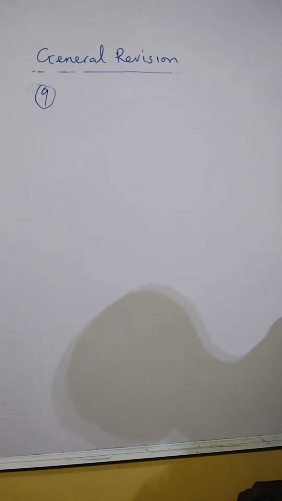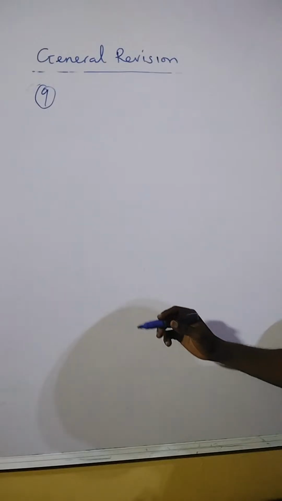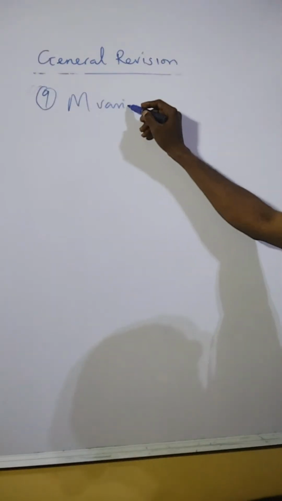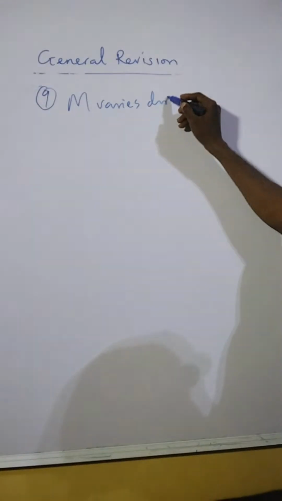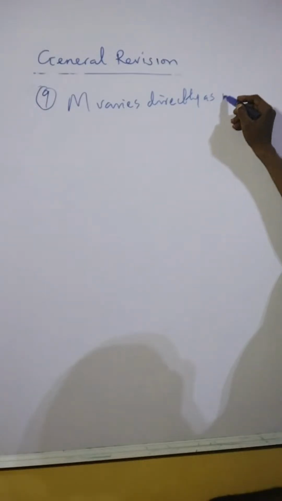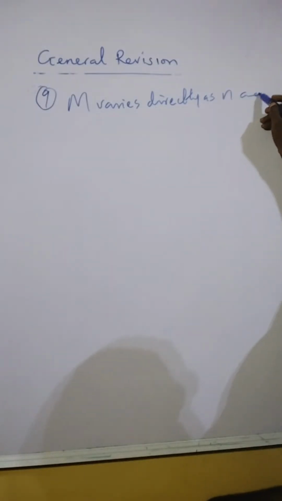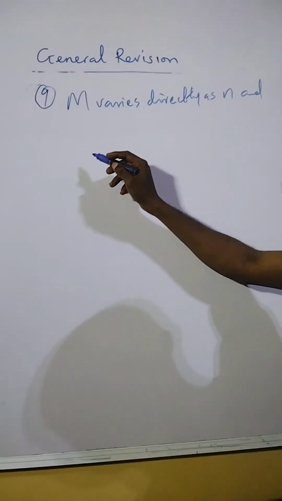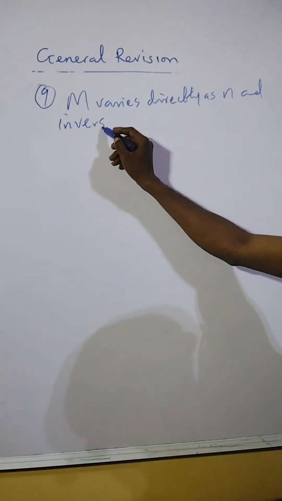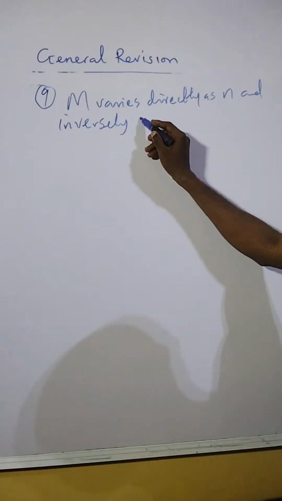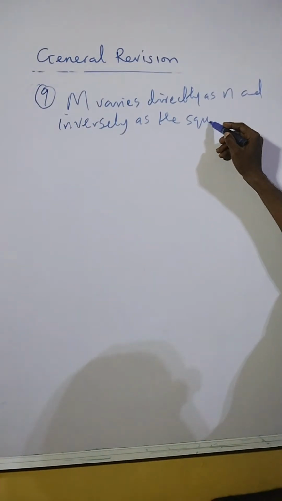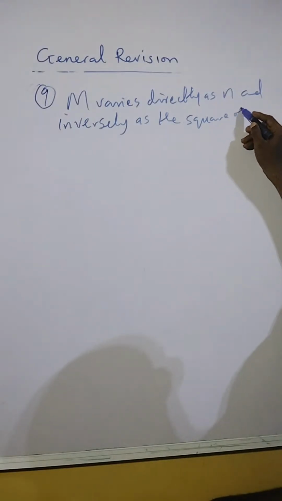M varies directly as n and inversely as the square of p.